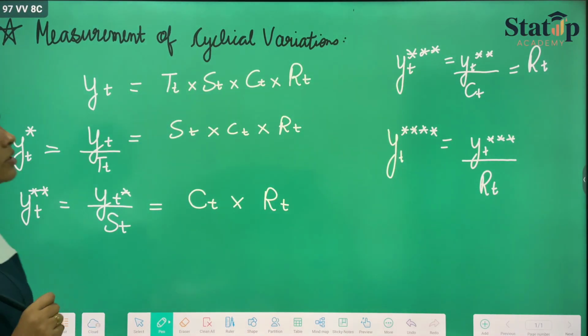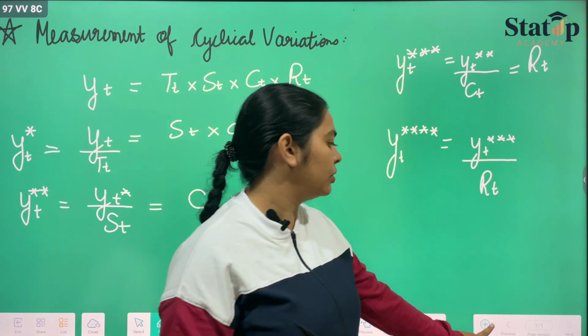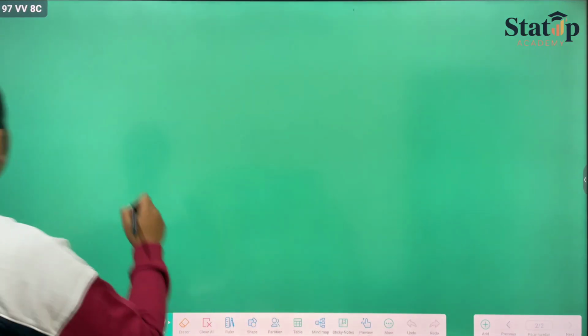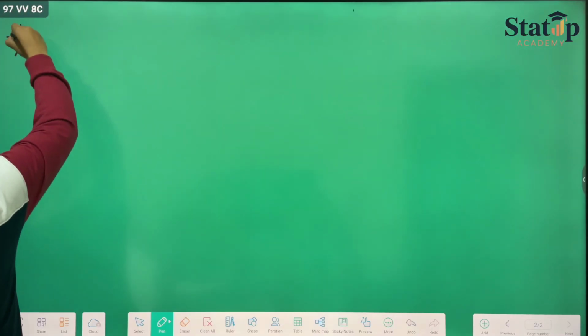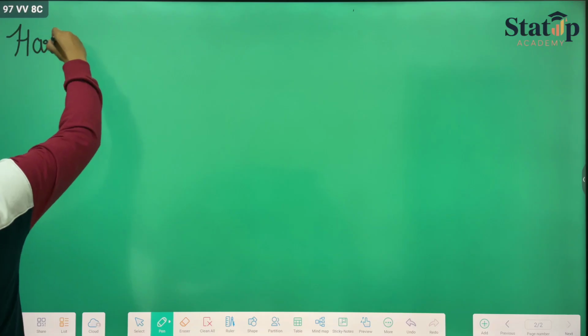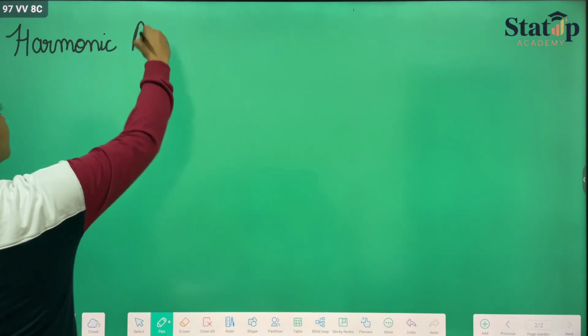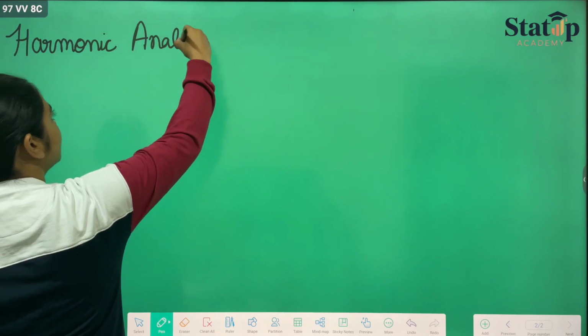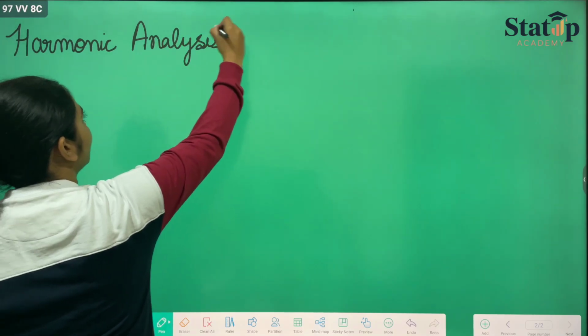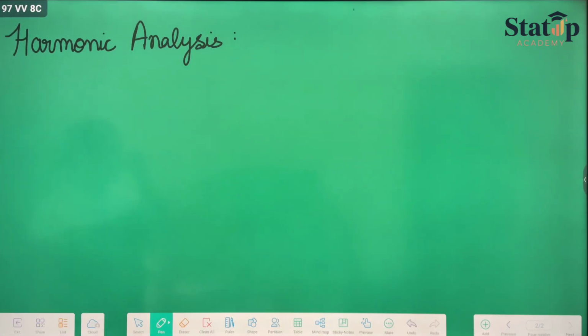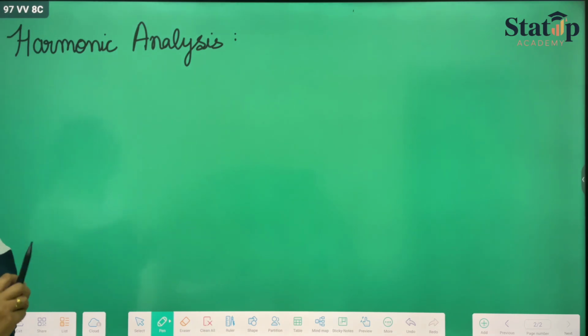So starting with cyclical variation, there is a method known as harmonic analysis. This is a little bit explanatory, or we can say a little bit complex portion of time series.